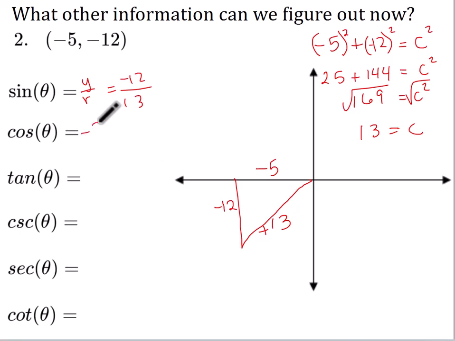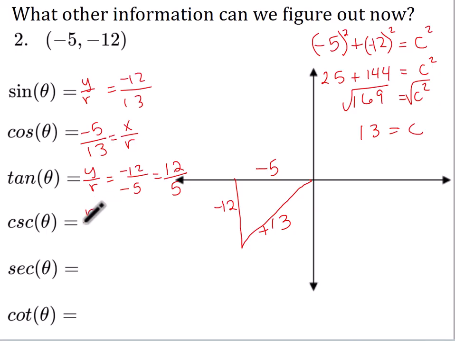Cosine is negative 5, or x, over 13, over the radius. Tangent is y over x, negative 12 over negative 5. And hey, we have two negatives, and so in this case, we can simplify this to a positive 12 over 5.